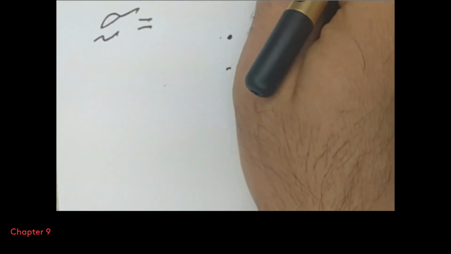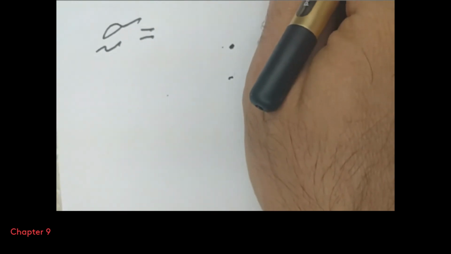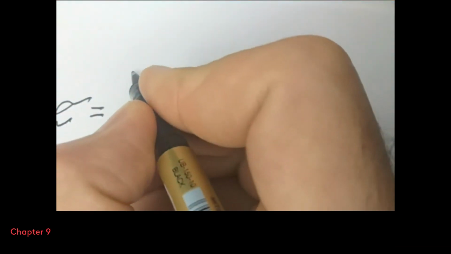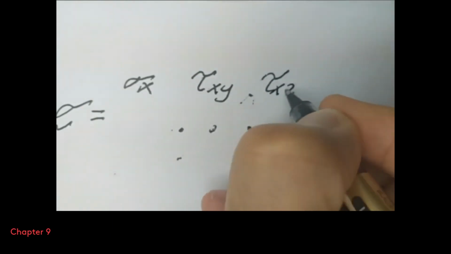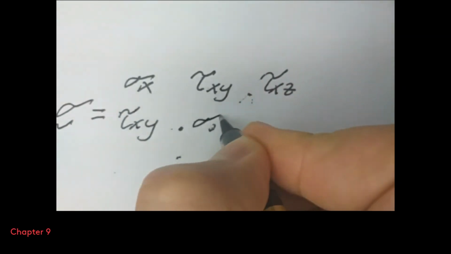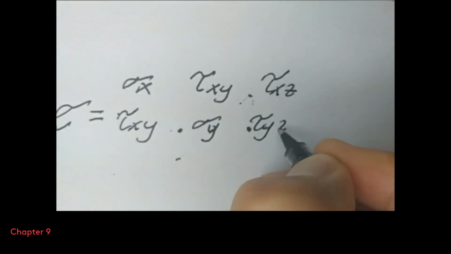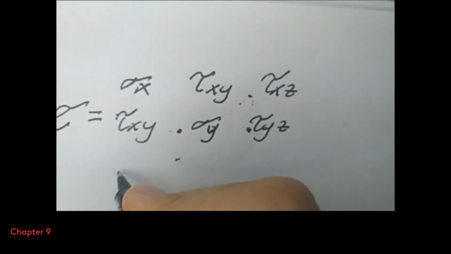Okay, so let me remind you how to calculate this. In three dimensions it is sigma x, tau xy, tau xz, and then we have tau xy, sigma y, tau yz, and again we have tau xz, tau yz, and sigma z. Now this is our stress tensor.